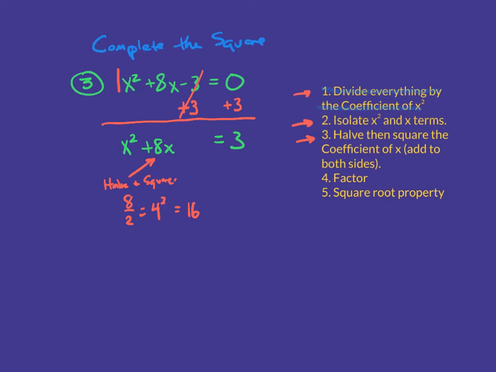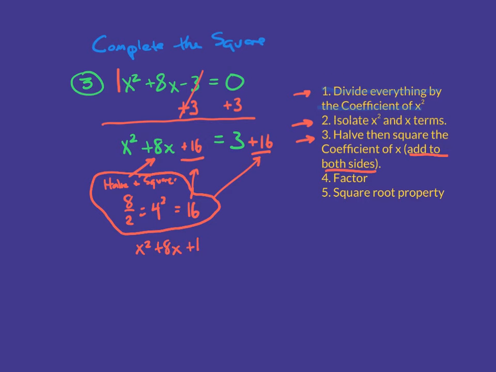That's 16. So we're going to be adding 16 to both sides of the equation. So add to both sides. So adding the 16, on the left, we've got x squared plus 8x plus 16 equals 19.